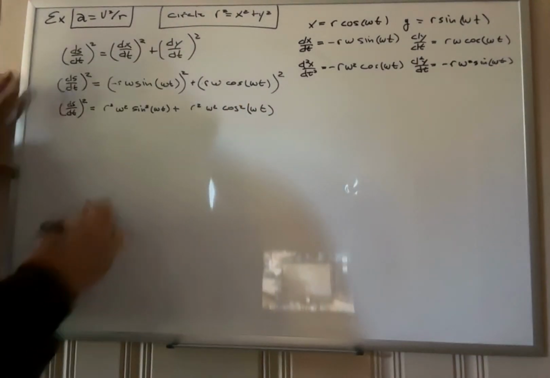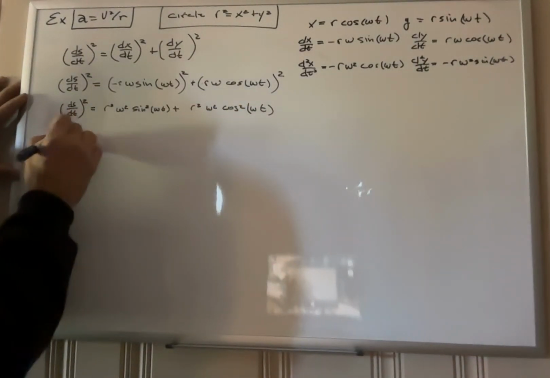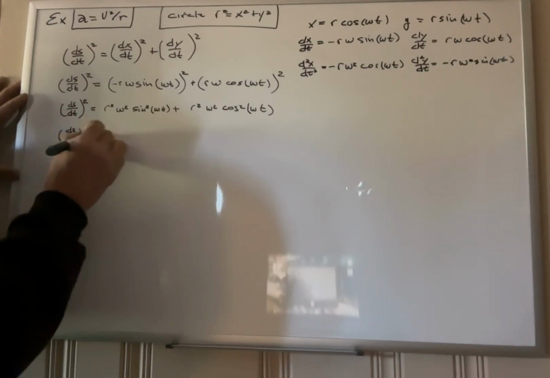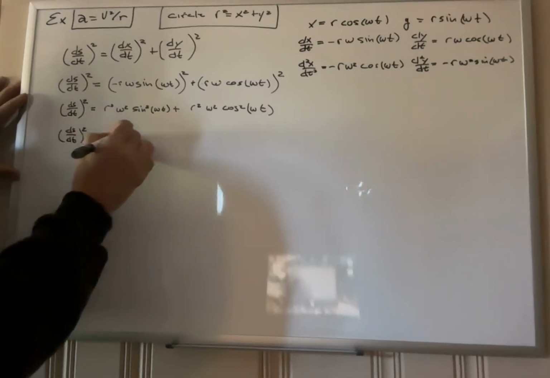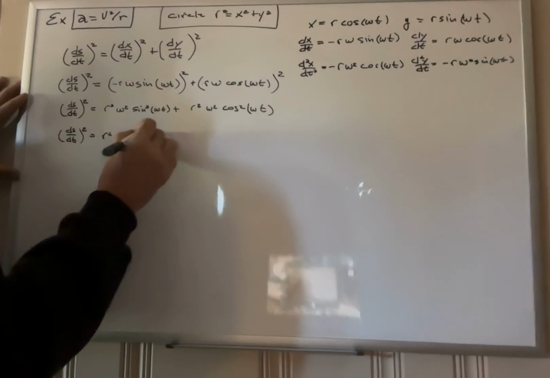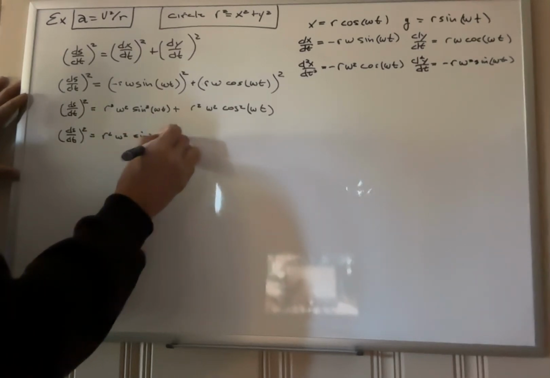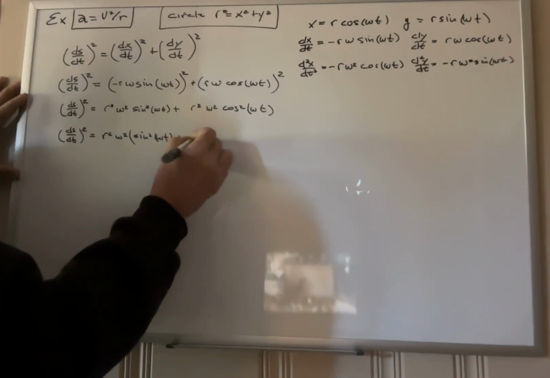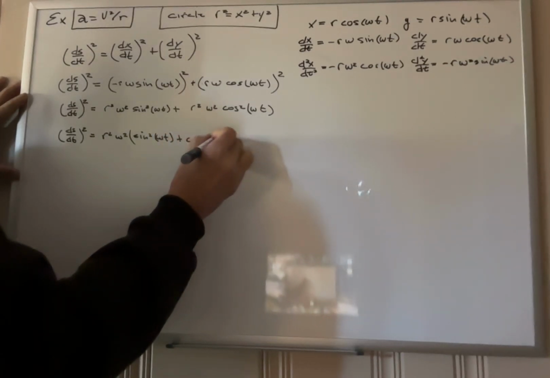Let's factor out the r squared w squared. So (ds/dt) squared is equal to r squared w squared times (sine squared wt plus cosine squared wt).